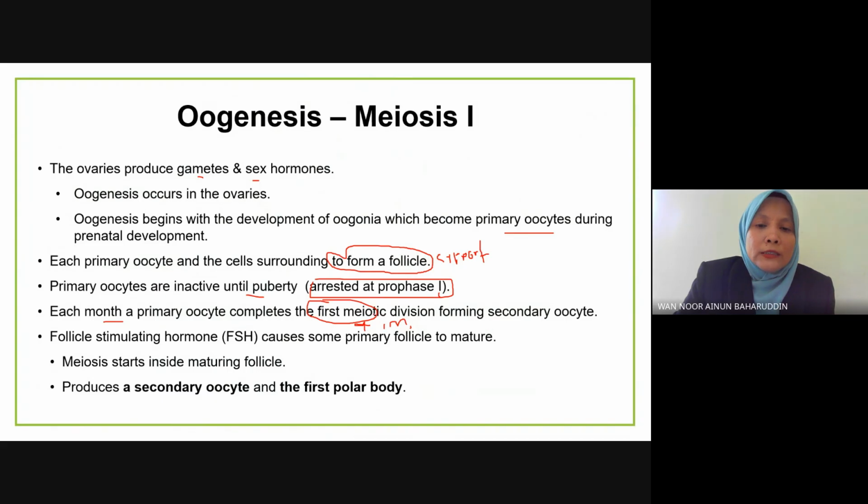So all of meiosis 1 is complete for every month of the cycle.